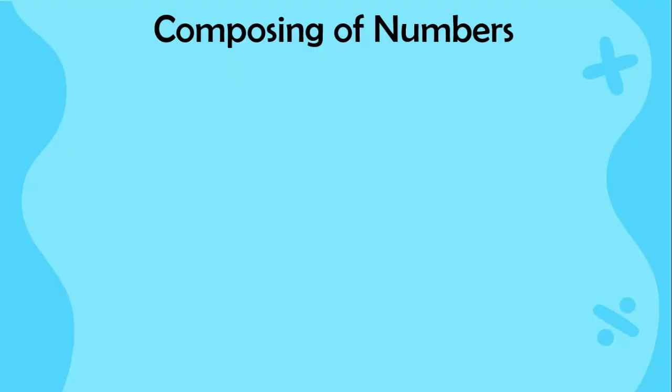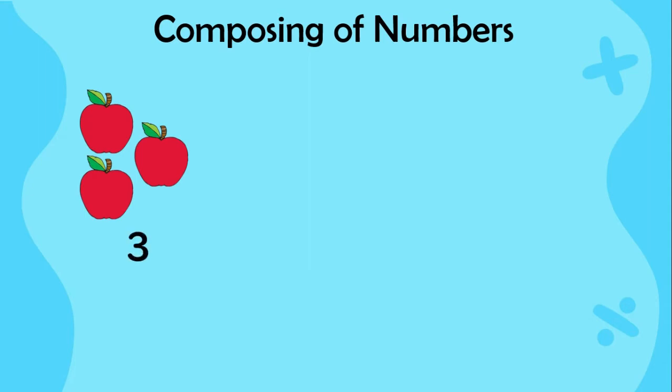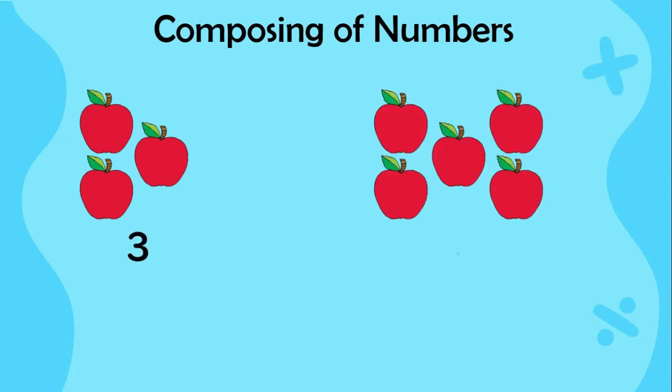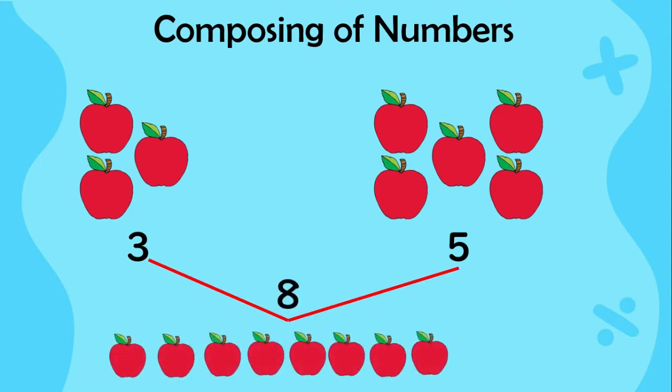Okay, so for composing of numbers, let's have an example here. We have 3 apples, and on the other set we have 5 apples. So if we're going to combine these 3 apples and 5 apples, we will have 8 apples in all. So that's what we call composing of numbers. We're going to put the 2 numbers together.